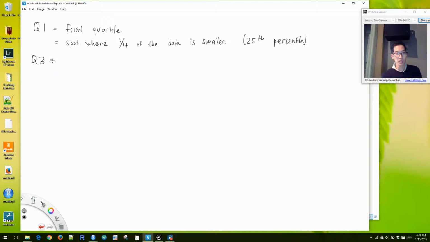With that, Q3 is our third quartile, and what is this equal to? Yeah, our 75th percentile, the spot where 3/4 of the data is smaller.